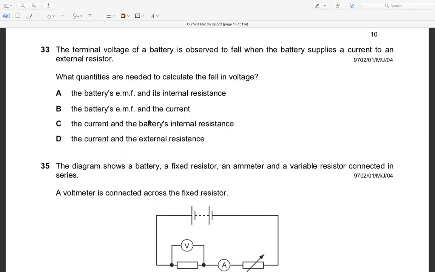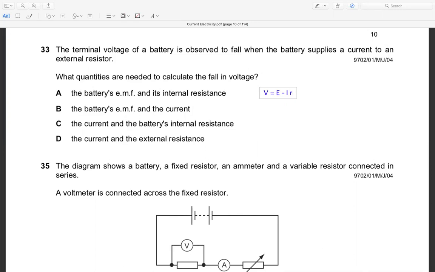Oh wait, ini fall in voltage itu equals to EMF or E minus I R, ya. Internal resistance.